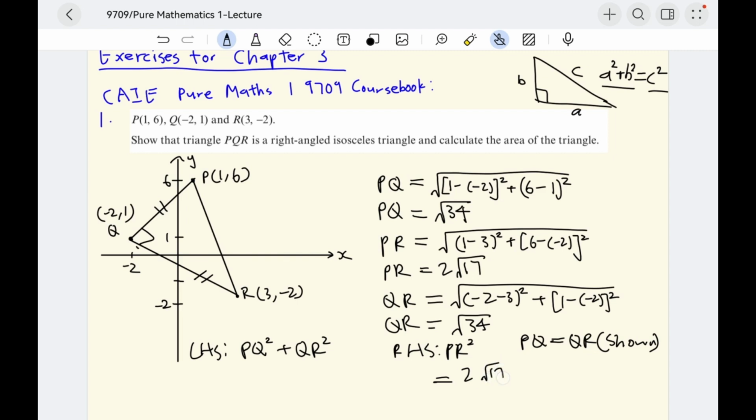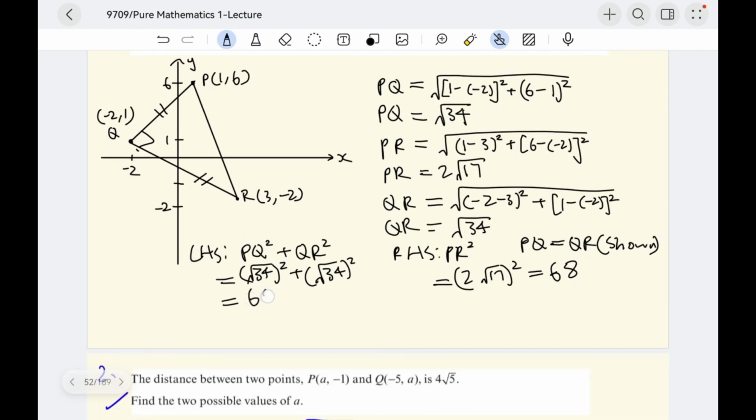Which is 68. Now you have to prove that PQ squared plus QR squared gives 68. So you have square root of 34 squared, and you will get 68 for the left hand side as well. So yes, it's shown.